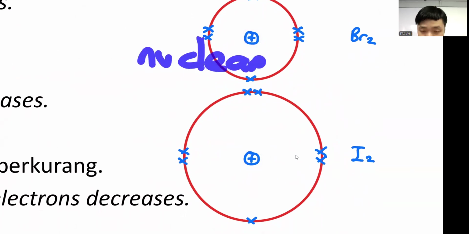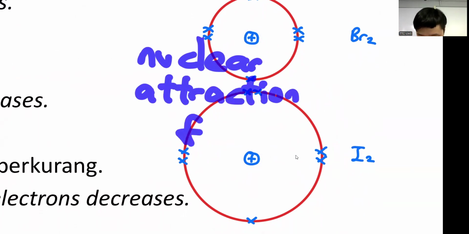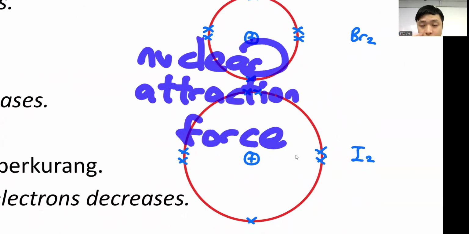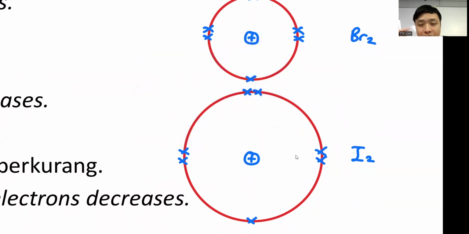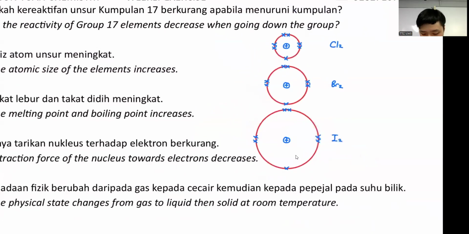If you talk about the force, it's called nuclear attraction force. In Malay, it's called diatarik nucleus. So you just always say that.